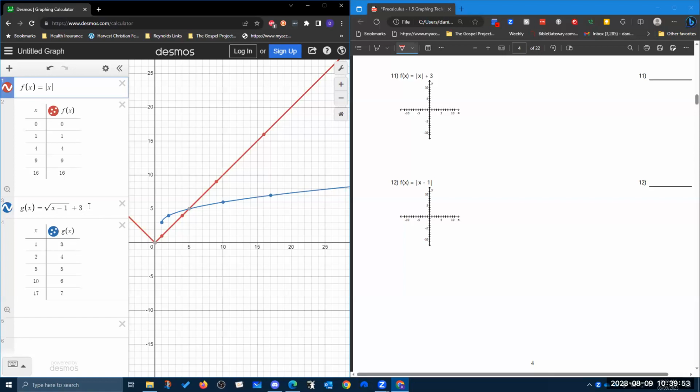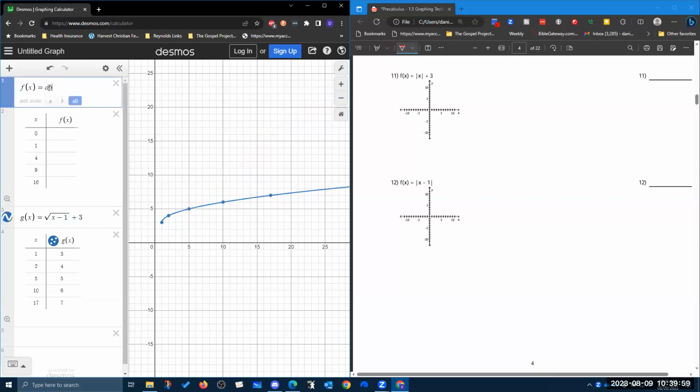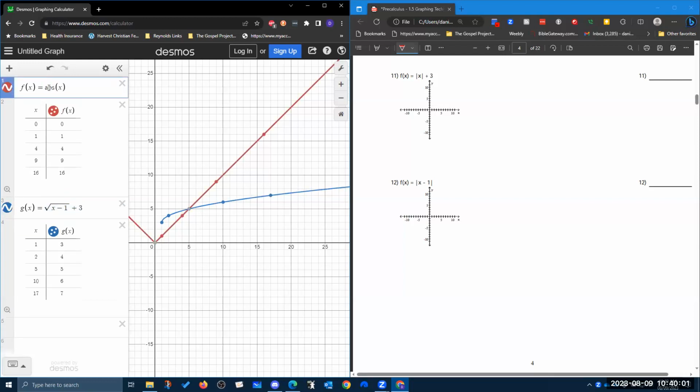But let's go ahead and just use ABS for that, because that's how your calculator uses it. So most of your calculators will have an ABS function that's for absolute value. I'm going to do absolute value of x plus 3.